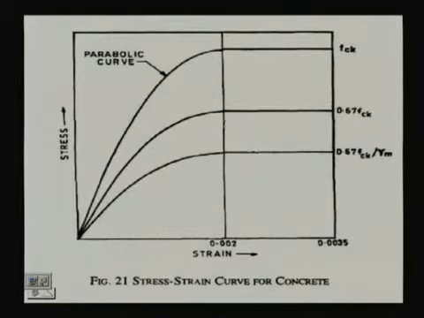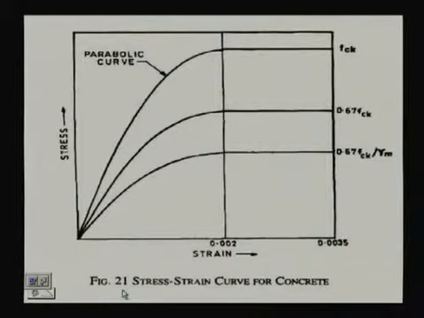What we consider here is the cube strength, M20, 20 Newton per square millimeter, M25, 25 Newton per square millimeter. We shall take 0.67, that means 2/3 of that cube strength or characteristic strength for our design purpose. Further we shall consider 0.67 fck divided by gamma m, where gamma m is the partial safety factor for material.